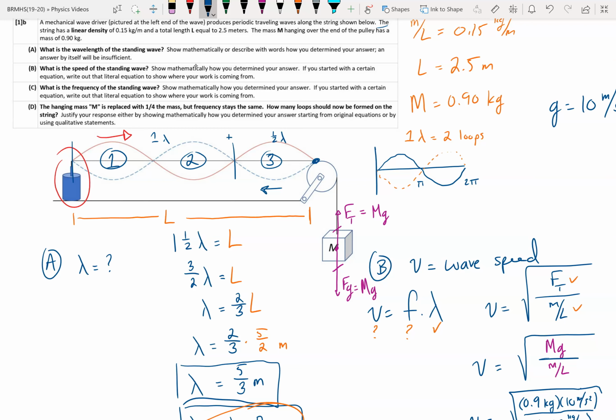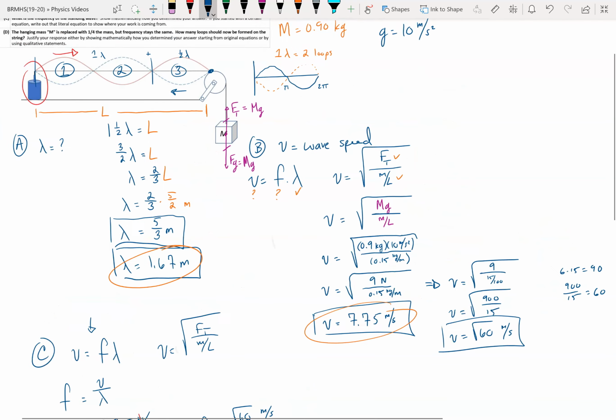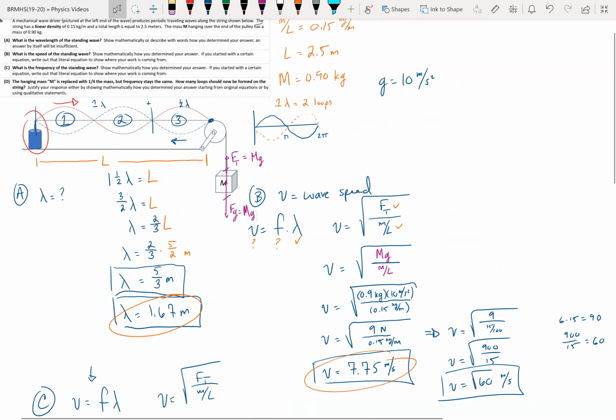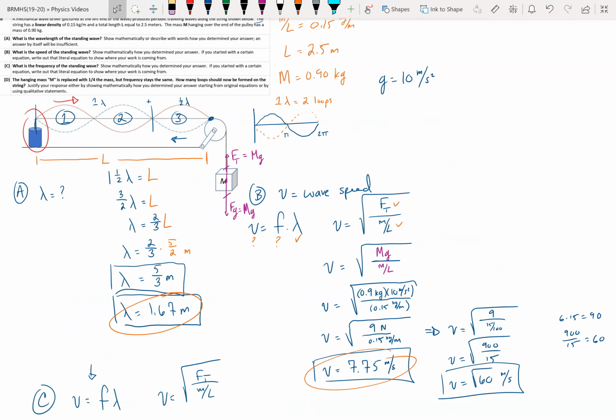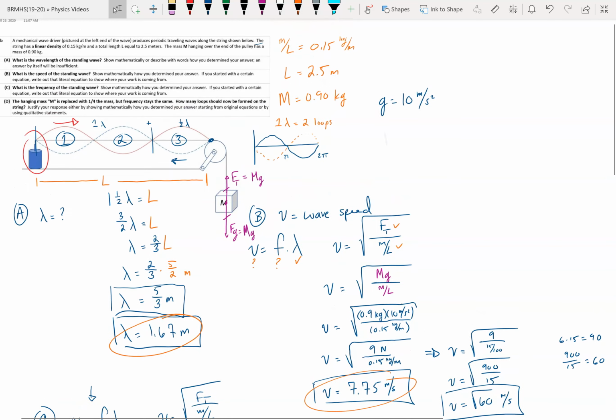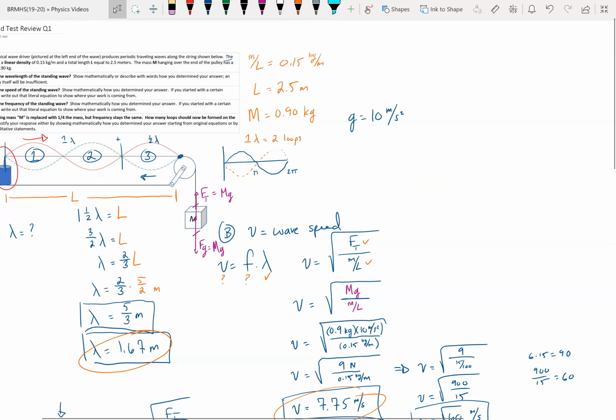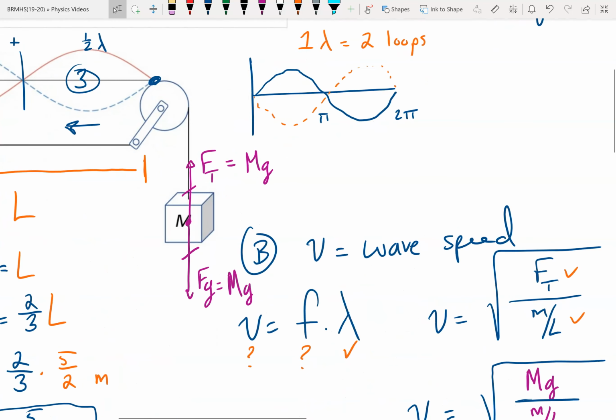If I increase the mass, I get fewer loops. And so we can show that a number of different ways. I think conceptually going over it is very important, but it's also perfectly fine to just recalculate everything. That takes longer and I don't like to do it, but you could. Let's go back to our block. This is the thing that's changing. We're going to have a new tension force. Tension force is equal to capital M times little g, but now we have 1/4 of the mass.